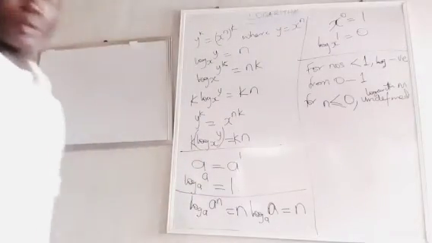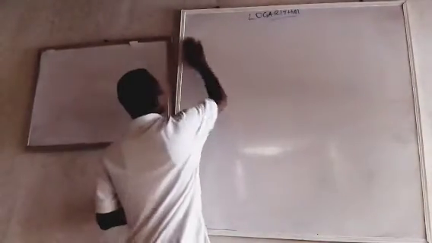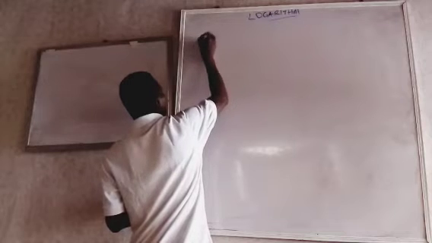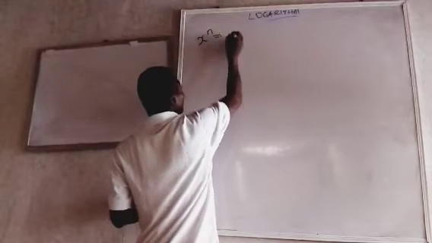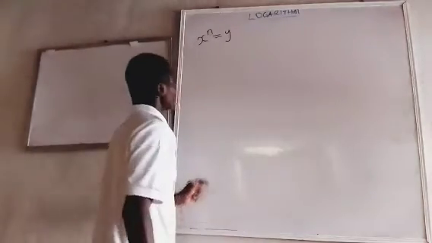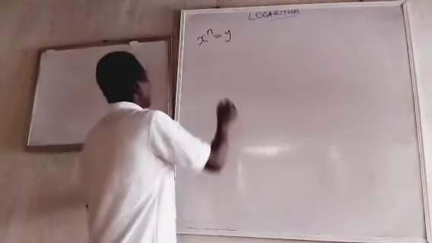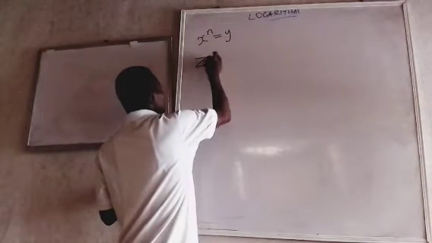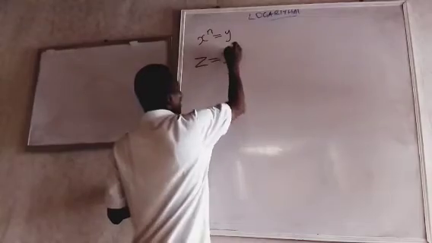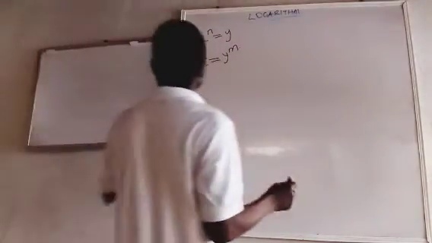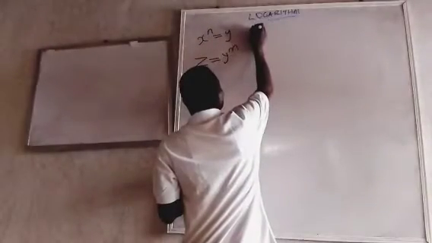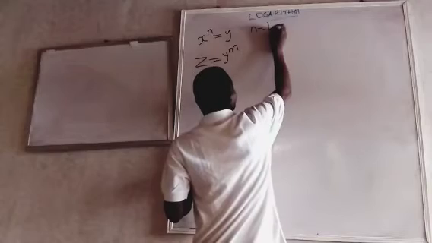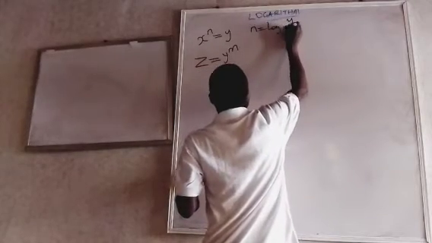Yes. Let's look at another situation. Now let's look at this situation. If x raised to power n is y, now say n equals log y to the base of x.